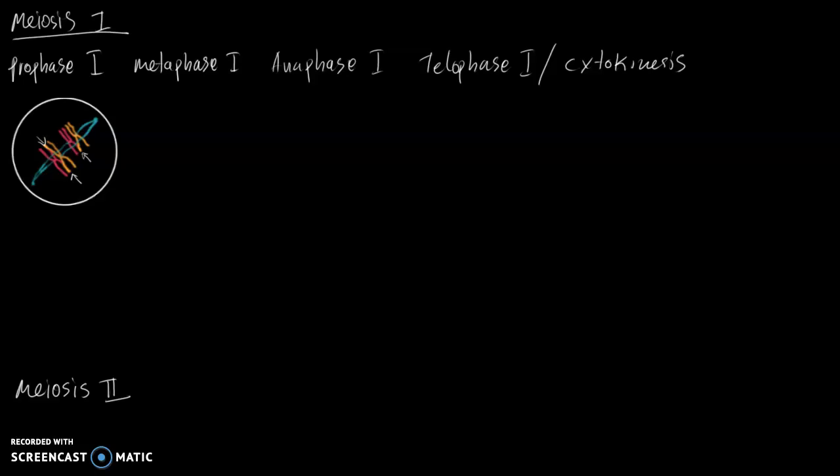And this phase is particularly important because the exchange of genetic materials is taking place, and I think it's the most important process to understand. So I'm going to spend a little bit of time pointing out what's really happening during this phase.